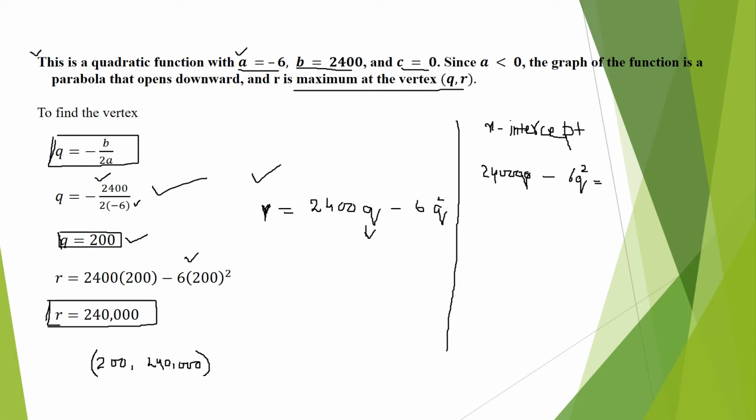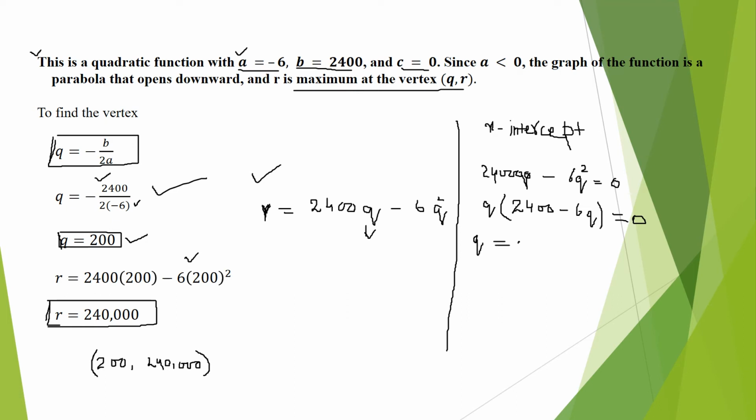is equal to 0. Taking q common, we will have q times 2400 minus 6q is equal to 0. Now here we have two terms.